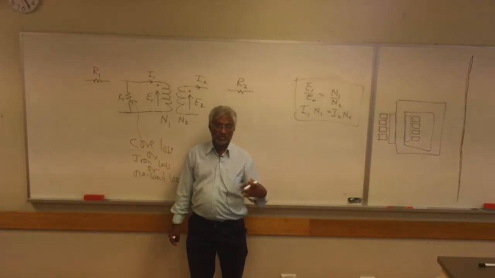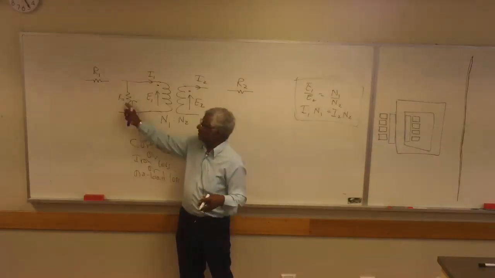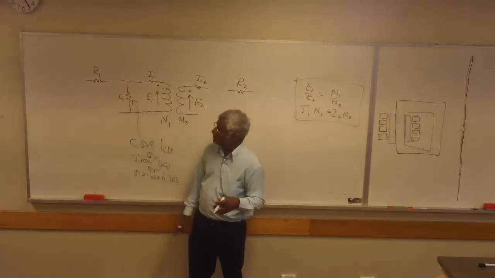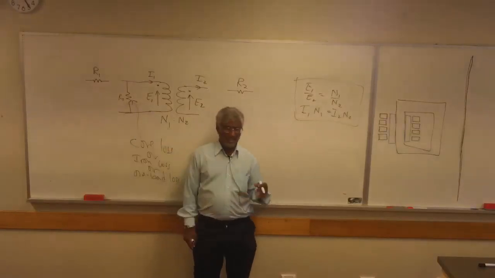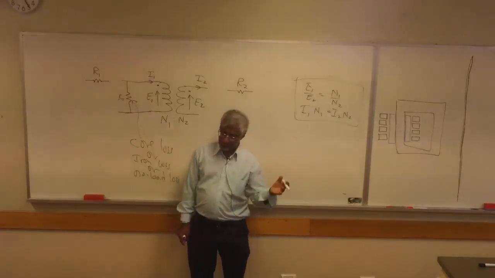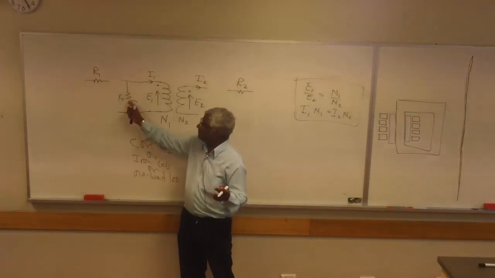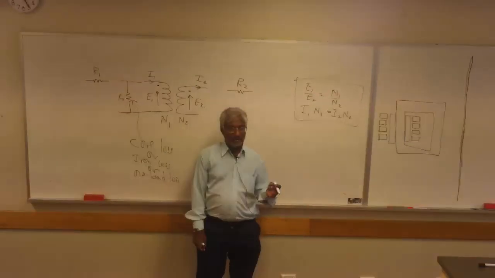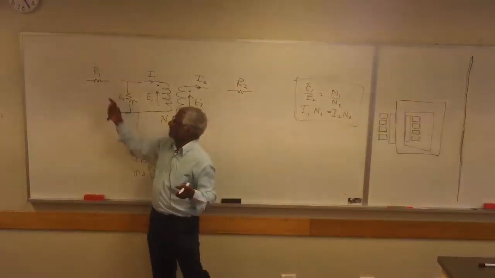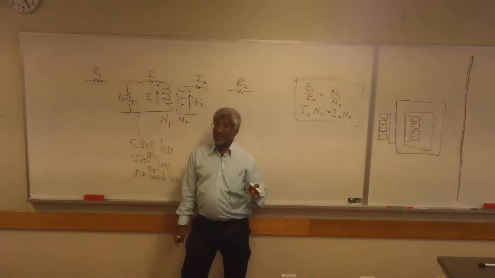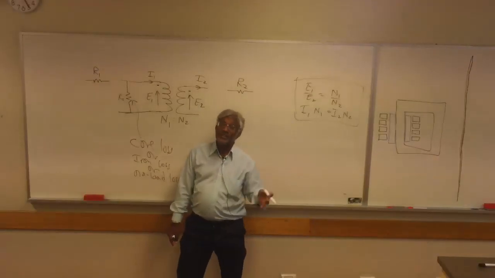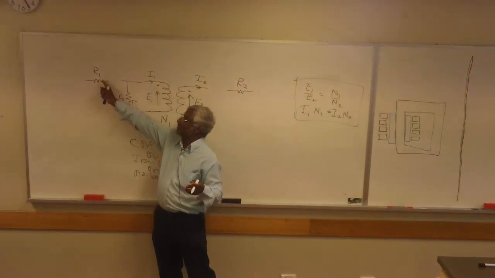So if you look at the running cost of the transformer, that can be a big factor, especially if that transformer is lightly loaded most of the time. Then this could be the one that determines the running cost rather than that one. If you have a transformer that's on full load all the time, then that is a big factor as well.